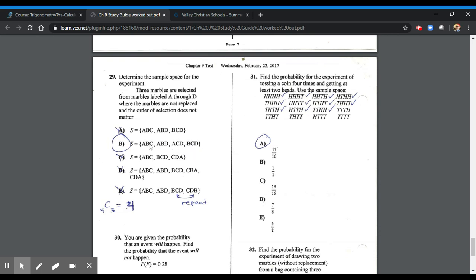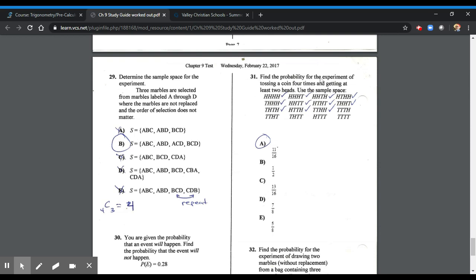Any of those orders would be a repetition. So like for E here, BCD and DCB are the same combination. So there's going to be 4 choose 3 ways. So 4 different ways to do it. So this is the only one that's going to have 4. And there are 4 unique answers.